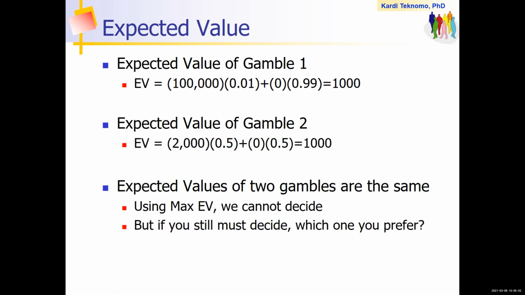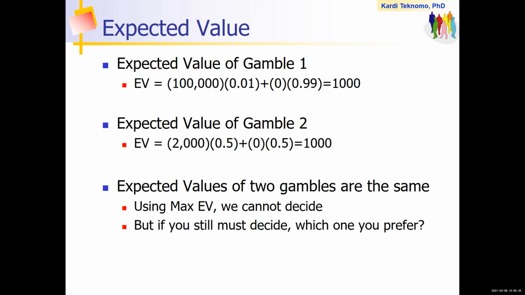So, even here, if you use decision under risk, you cannot decide, because the EV are exactly the same. But anyway, you still decide A or B.